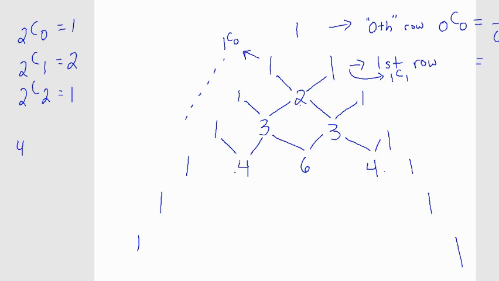So 4 choose 2 is 4 factorial over my r, which is 2, so 2 factorial times the quantity 4 minus 2 factorial. Well, 4 factorial is 4 times 3 times 2 times 1. So that's 4 times 3 is 12, times 2 is 24.